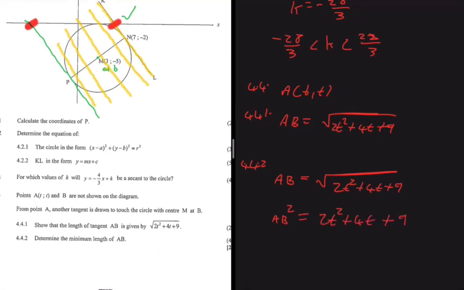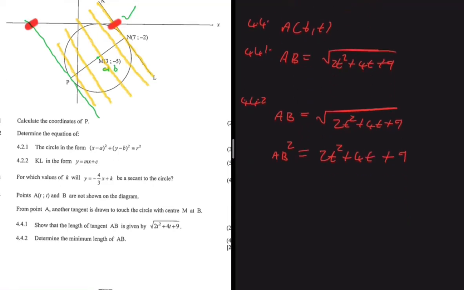Since we're looking for the minimum length, I can differentiate this and equate to 0. Let me show you something. This graph is going to be concave up. If it's concave up, then at the turning point we're going to have the minimum value. So we can differentiate this and equate to 0, and then find the value of t at which we have the minimum value.